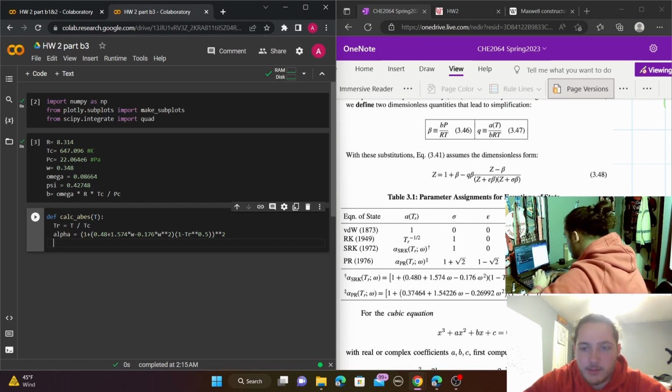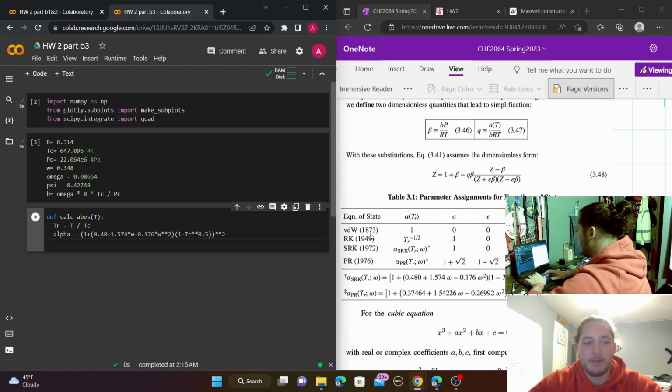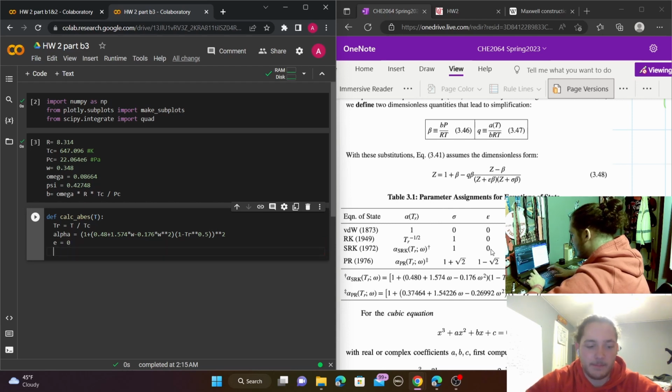Next, we can introduce our epsilon value and our sigma values for the SRK. And epsilon is equal to 0, sigma is equal to 1.